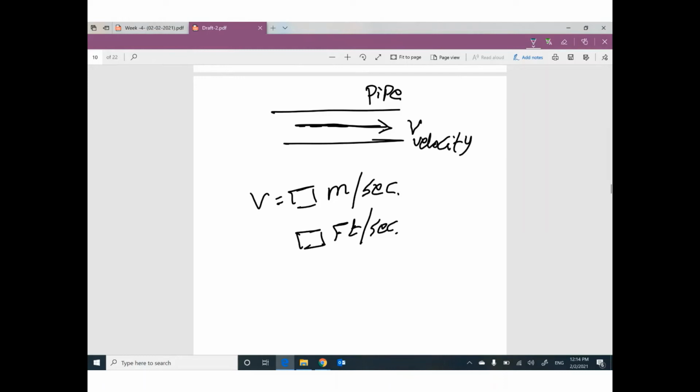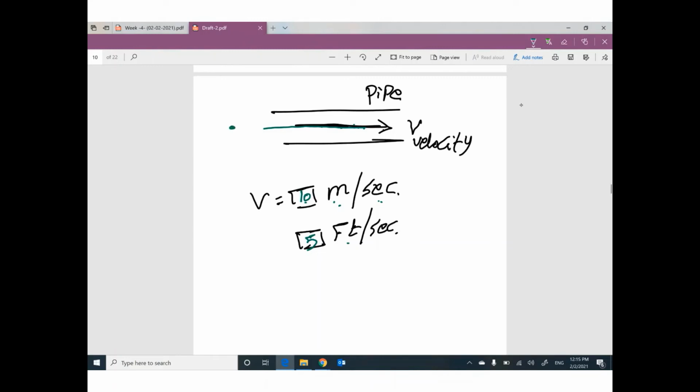Mathematically, meter per second, for example, 10 meter per second, that means this flow will travel 10 meter every 1 second. For example, if we have a velocity equal to 5 feet per second, that means this flow can move 5 feet every 1 second.